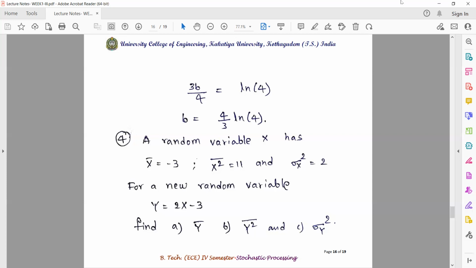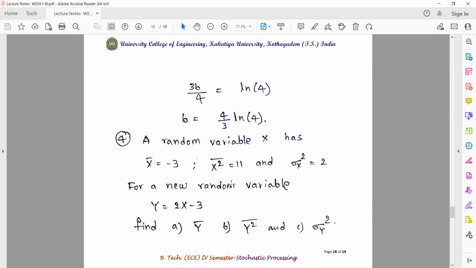The next one is: a random variable x has x bar equal to minus 3, that is the mean, E of x is equal to minus 3. X square bar, nothing but E of x square, is equal to 11, and the variance of x, that is sigma x square, is equal to 2.